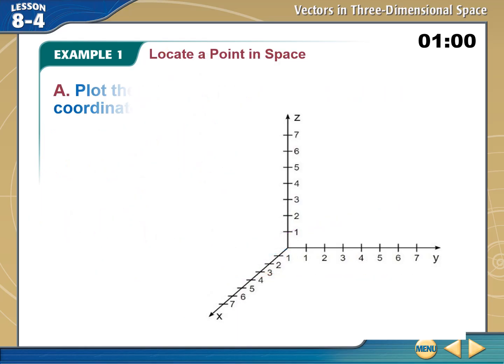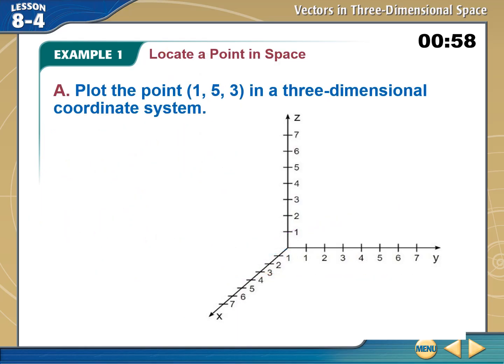One more time. Let's see here. 1, 5 and 3. First of all, I think you understood the x and y things. On the x, point out the 1 and make a line parallel to the y-axis. We already made it parallel to the y-axis. After that, find 5 on the y-axis and make a line parallel to the x-axis.